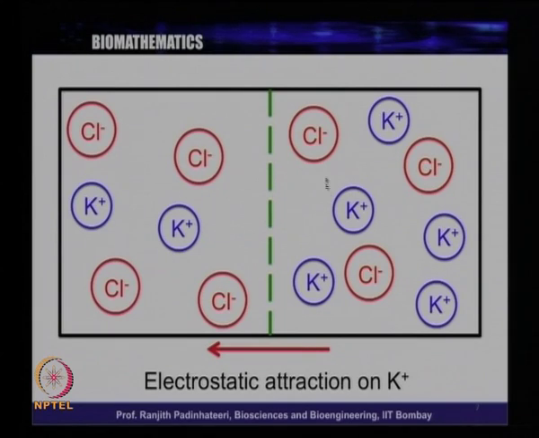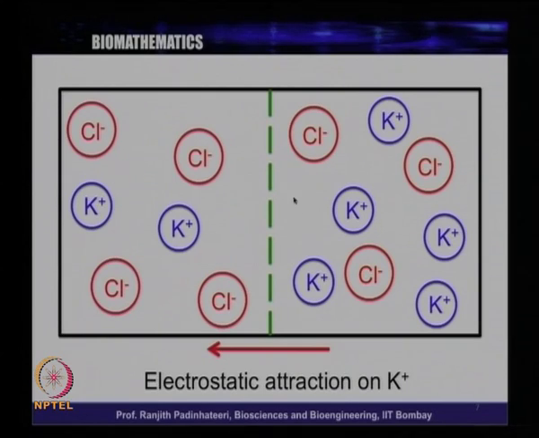So, this side of the semi permeable membrane will be more and more positively charged, and here there are more and more Cl minus, because Cl minus cannot go. So, what will we end up with? We will end up with more positive charges here and more negative charges here.